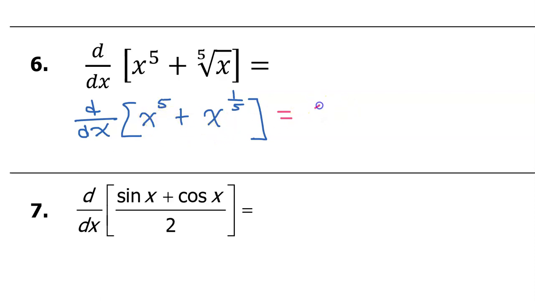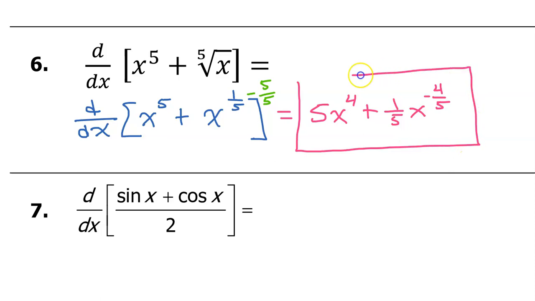So for the first term, that'll be 5x to the 4th power. For the second term, the 1/5 goes in the front. And then I need to reduce this by 1. So in my mind, I'm thinking minus 5 over 5, because that's the same thing as subtracting 1. So that'll be negative 4/5. And because this is a free response question, I'm just going to leave my answer like that.